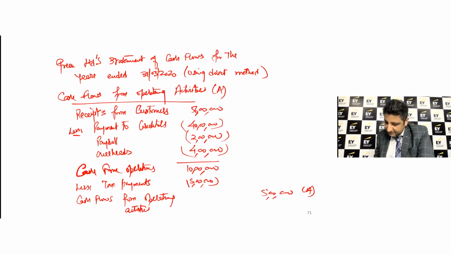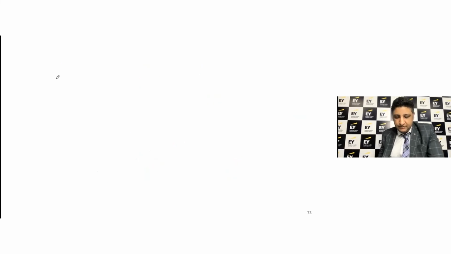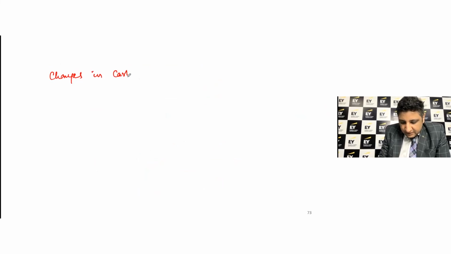We are given that there's a 5 lakh positive, there's a 2 lakh negative, and there is 1 lakh negative, which means net the change is 2 lakh positive. So what we want to say now is changes in cash flows, which is A plus B plus C, that comes as 2 lakh.